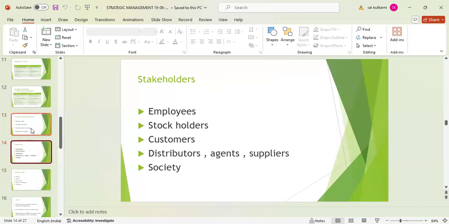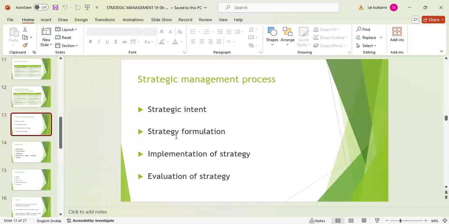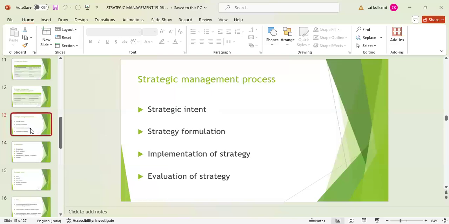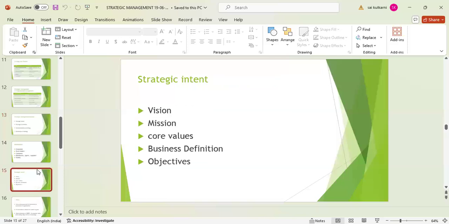In strategy formulation, the second stage, you have to think about the stakeholders of business. Now, what are stakeholders?